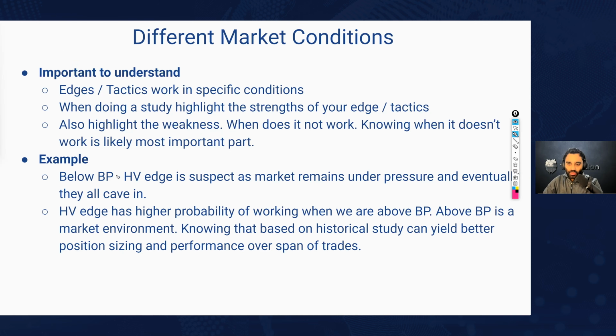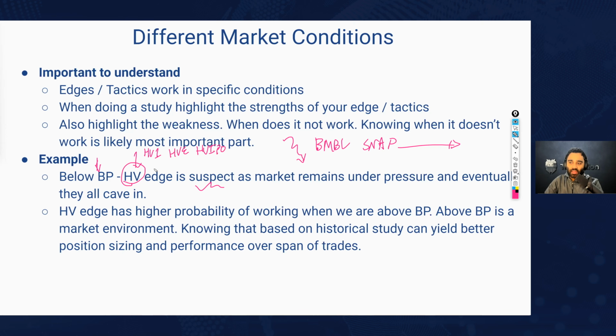Another example for me is this HV edge. When we're below this BP level, it is suspect because the market remains under pressure, and we've seen stocks like BMBL, Snap, and the list is long, that are just not working, even though they exhibit HV1, which is the highest volume in over a year, HVE, highest volume ever, HVIPO, right?